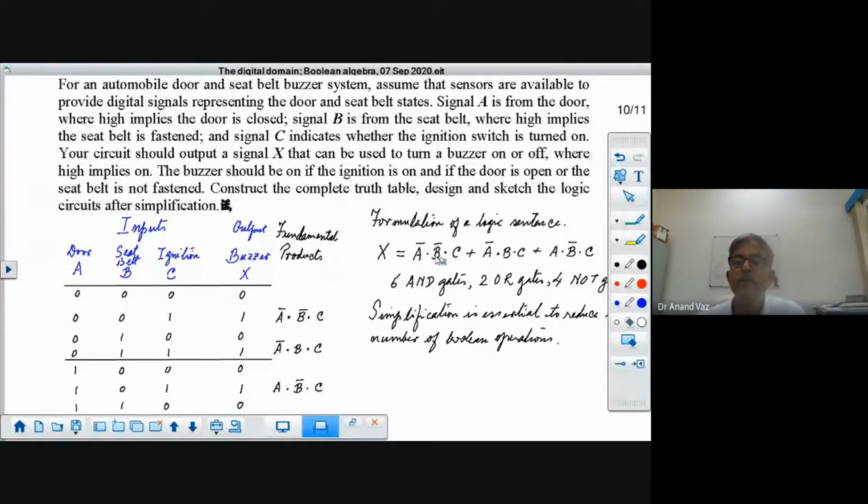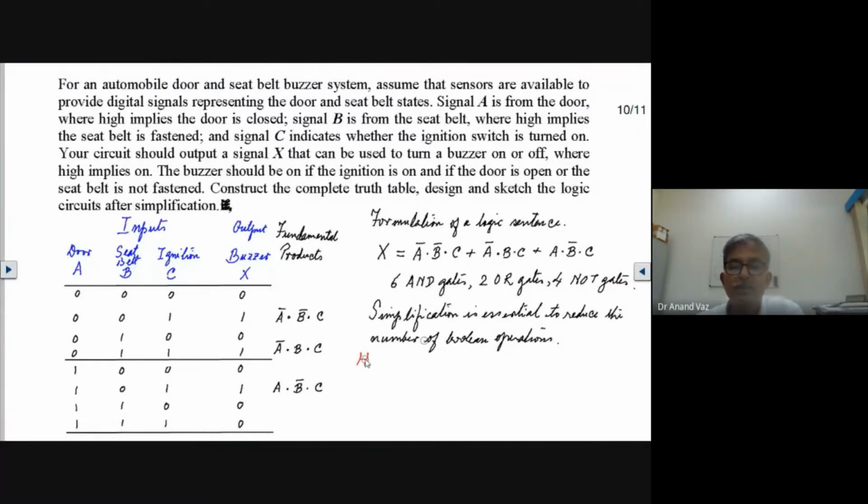I'm sure all of you can simplify this expression and come to an expression where you need not simplify further, and you come with the minimum number of gates. So the task before you is to simplify this.